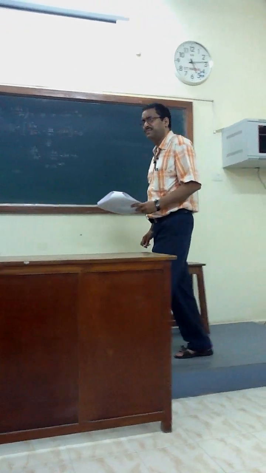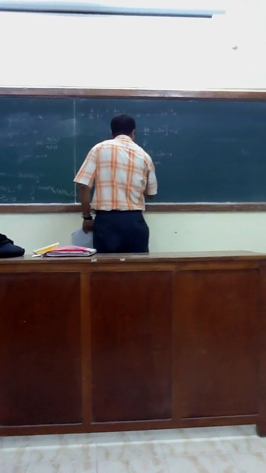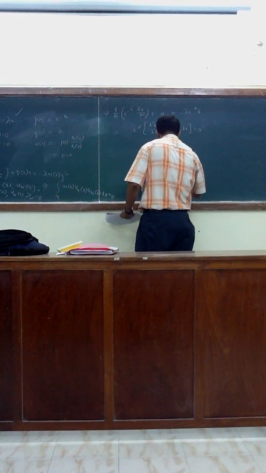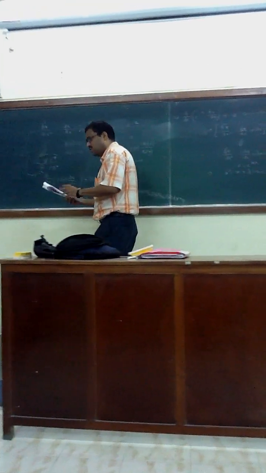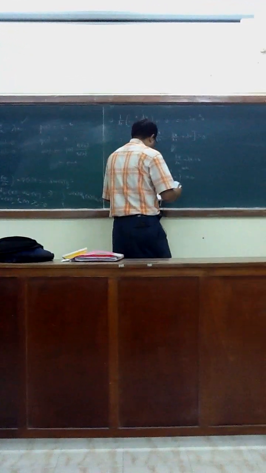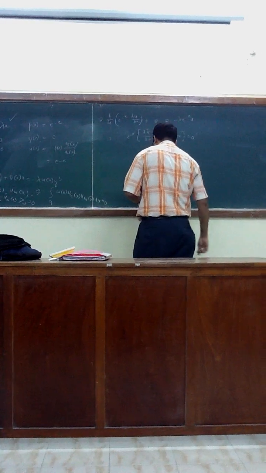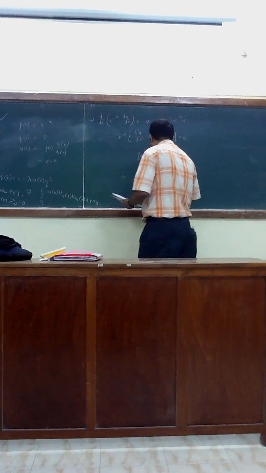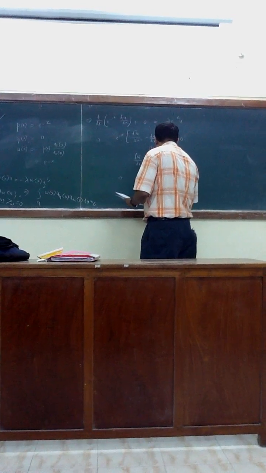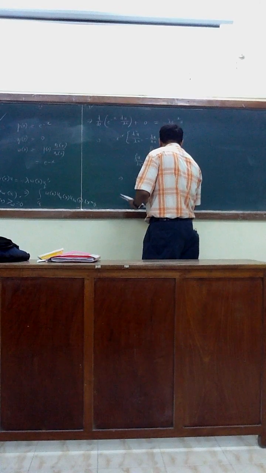It is m square minus m plus lambda equals 0. So in that case, what will you get? m equals, minus 1 or plus 1? Plus 1 plus minus square root of 1 minus 4 lambda.